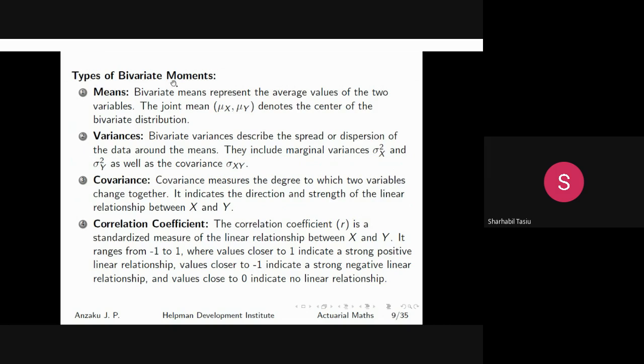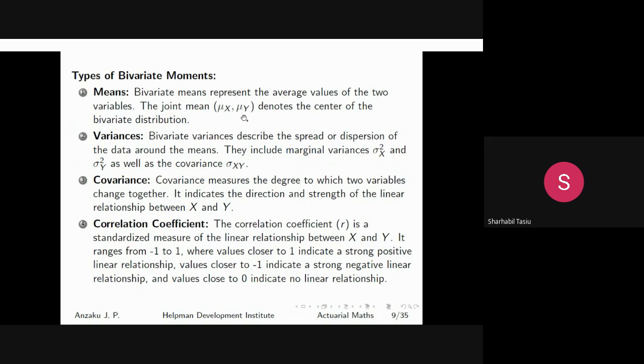Now, types of bivariate moments. First we see the mean. Bivariate means represent the average values of the two variables. The joint mean is mu of x and mu of y. Remember, mu is the Greek letter used for population mean. So the mean of x and the mean of y together as an ordered pair show that it's a bivariate mean.